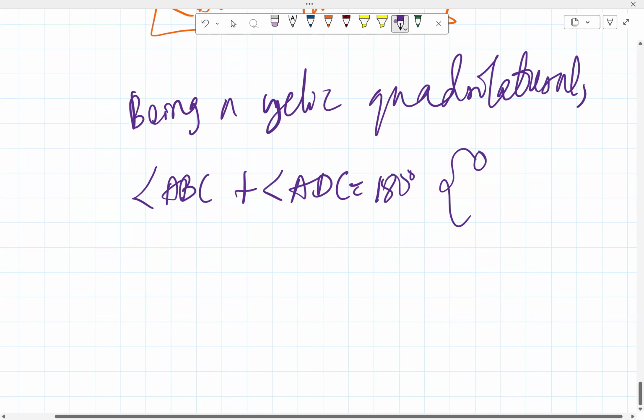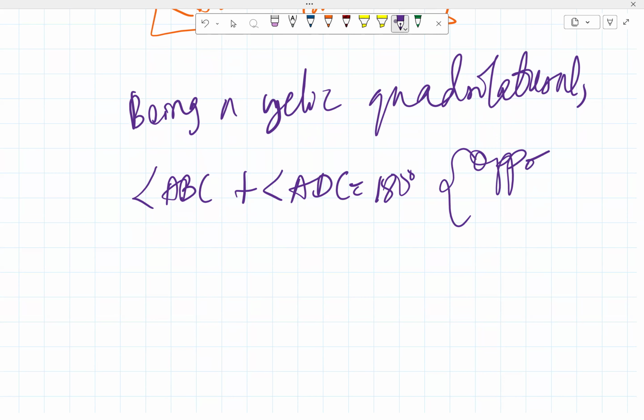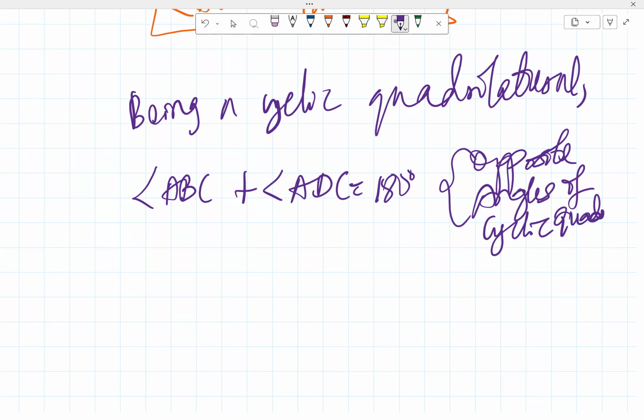That's opposite angles of a cyclic quadrilateral. That was the last theorem we saw of a cyclic quadrilateral.